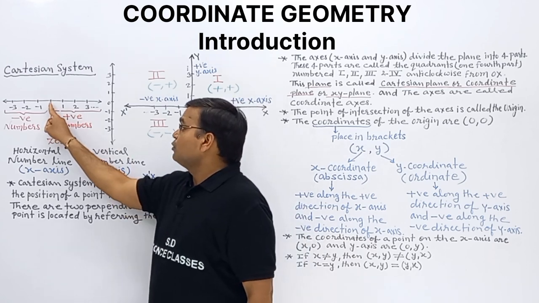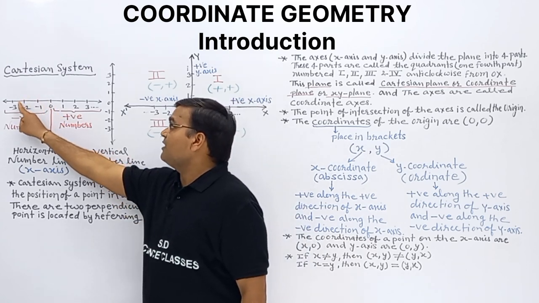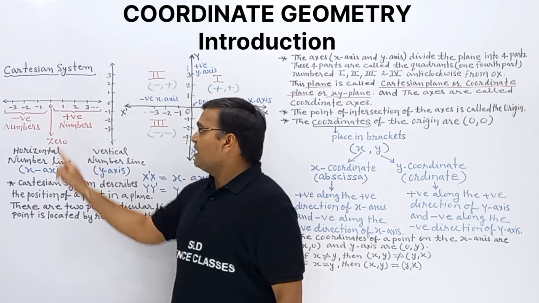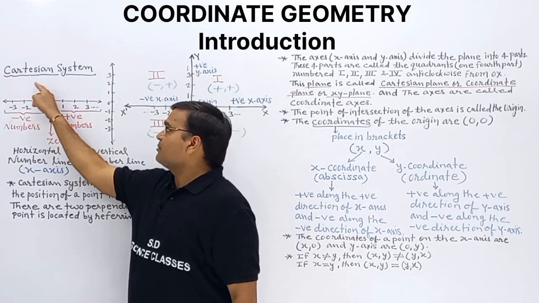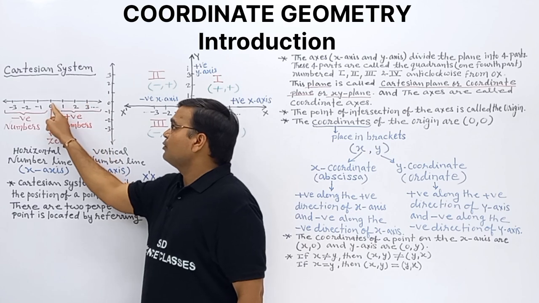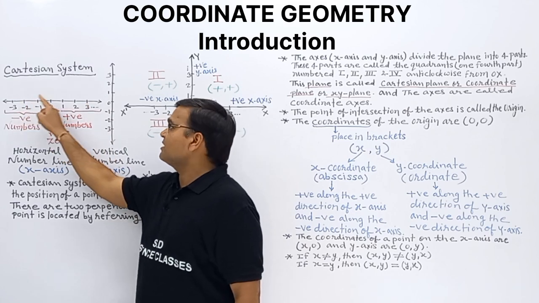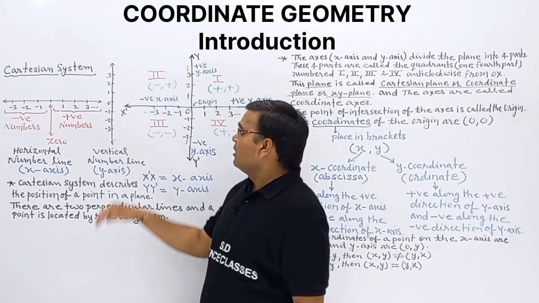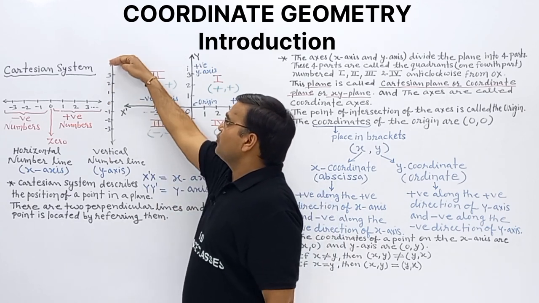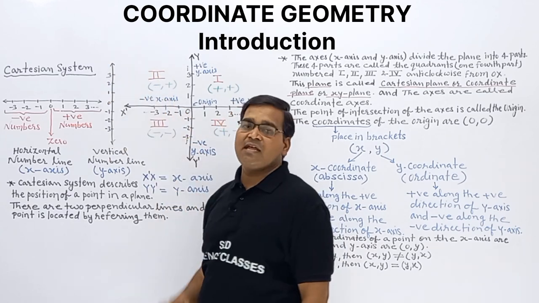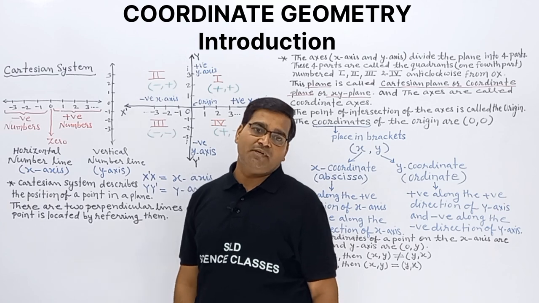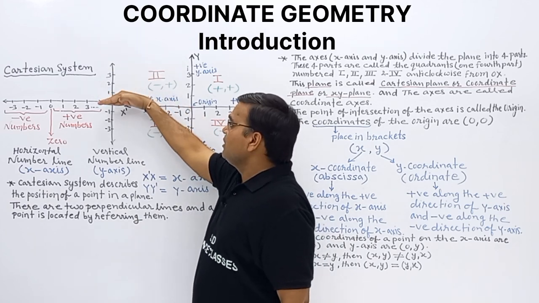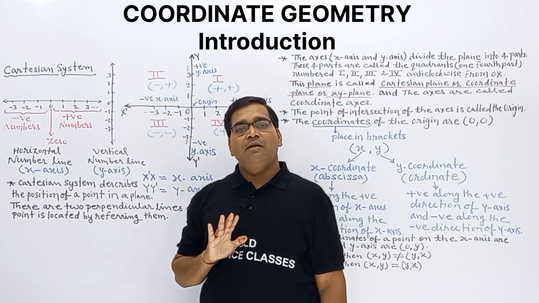Towards the left we have negative numbers, and towards the right we have positive numbers. Clear? Above the 0 we have positive numbers, and below the 0 we have negative numbers.